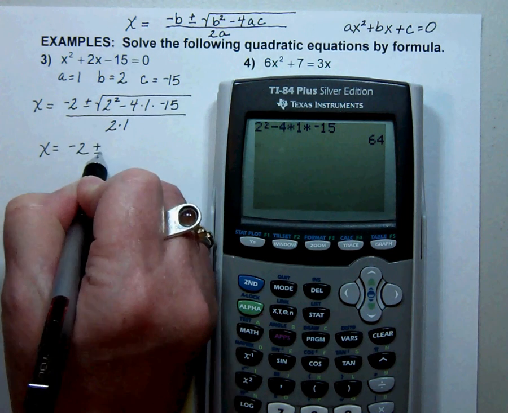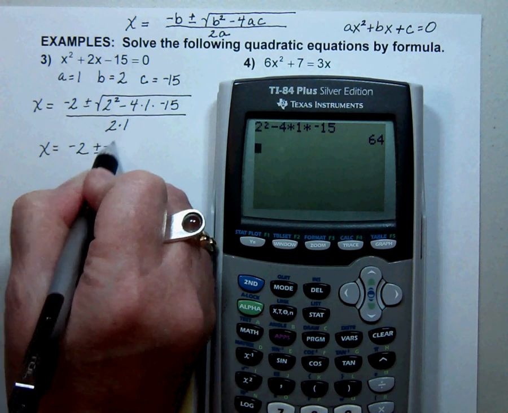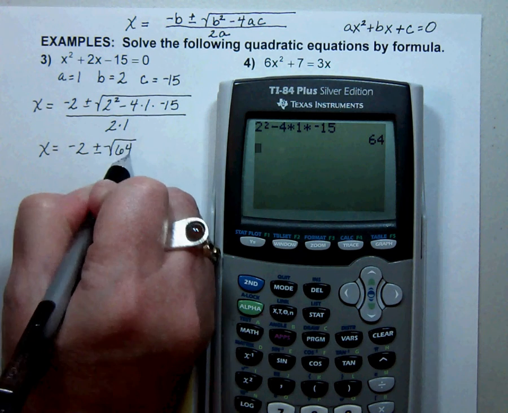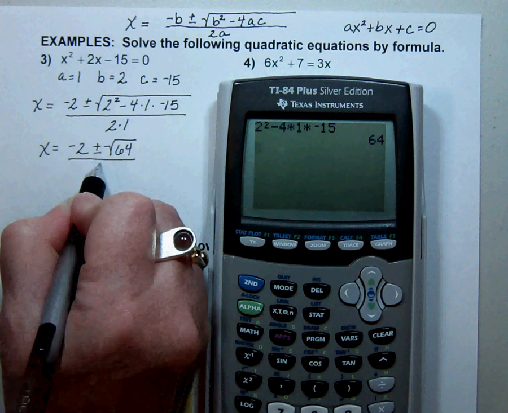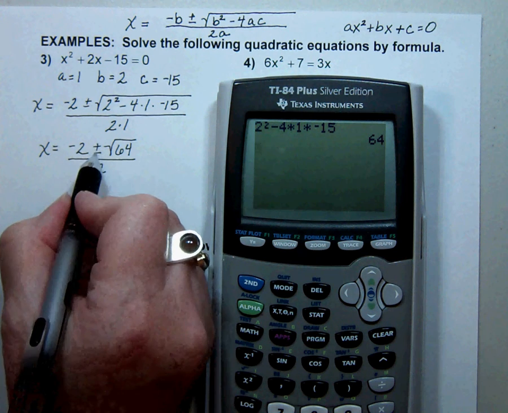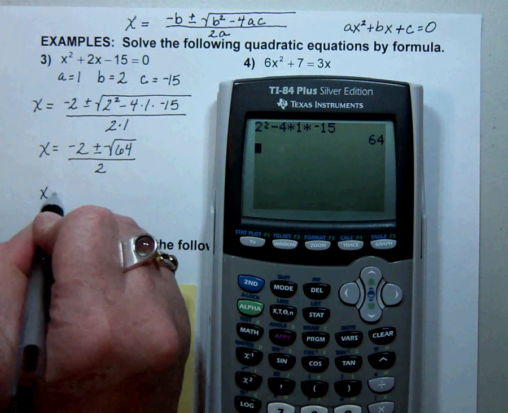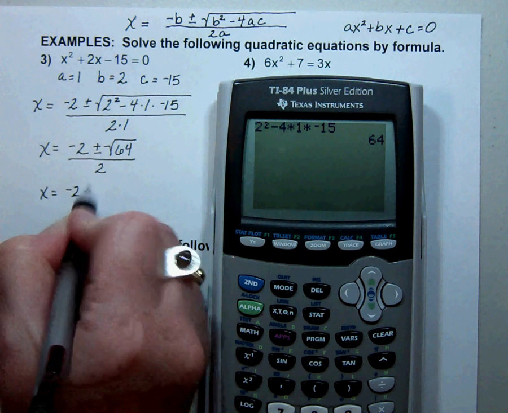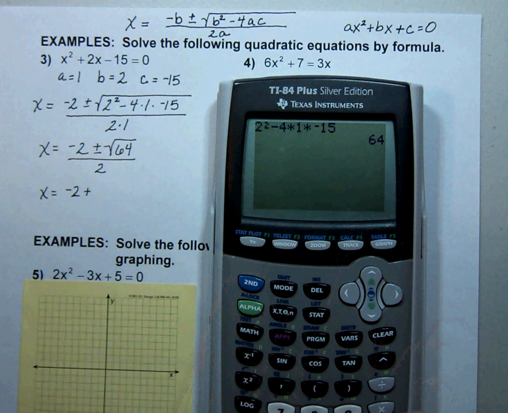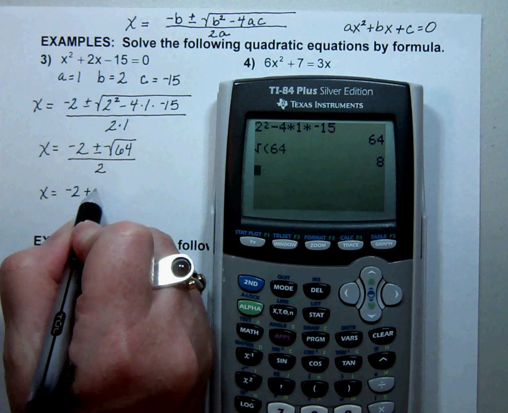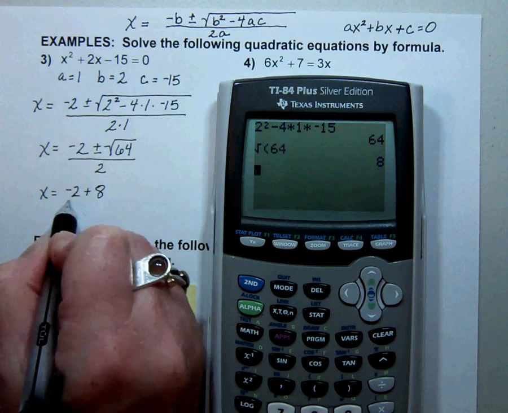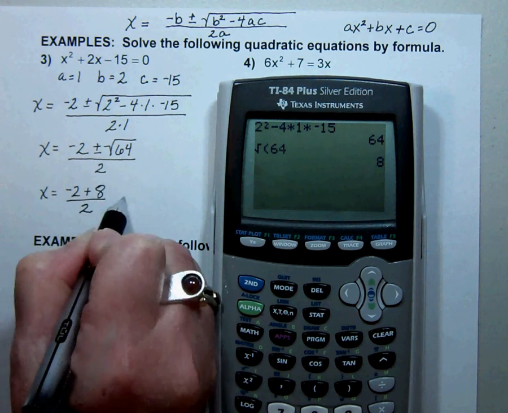Your equation is going to be negative 2 plus or minus the square root of 64, this entire answer divided by 2. Now the plus and minus means there are two answers. You're going to work it out so that you have a negative 2 plus the square root of 64, which you can do in your calculator, is 8. So you're going to add it with negative 2 and divide by 2.